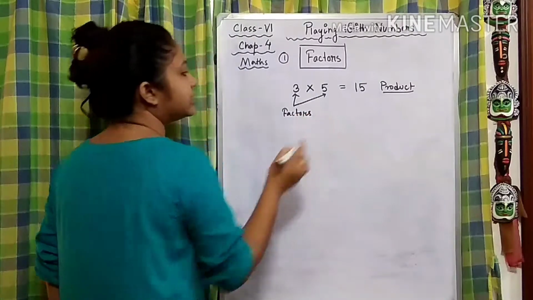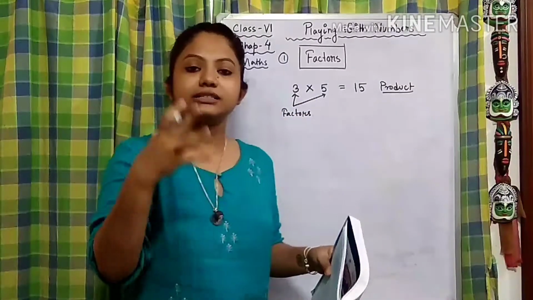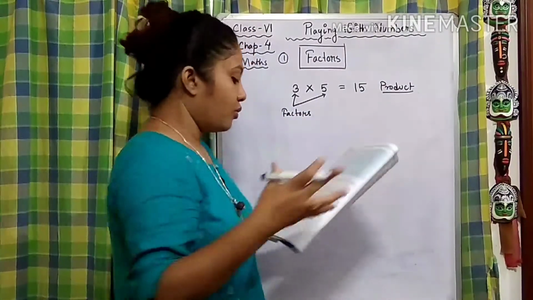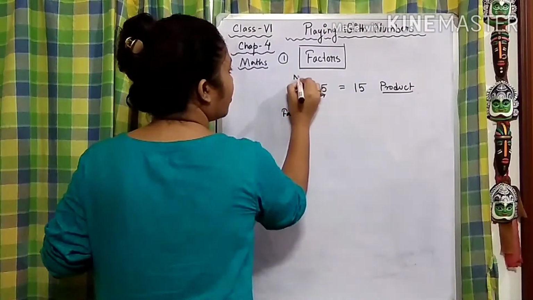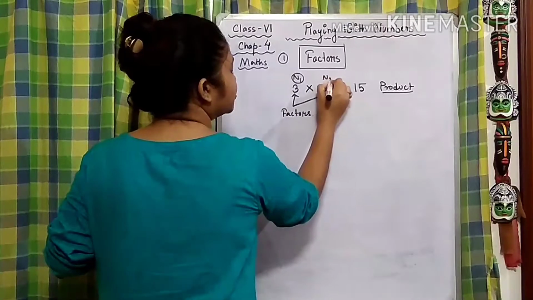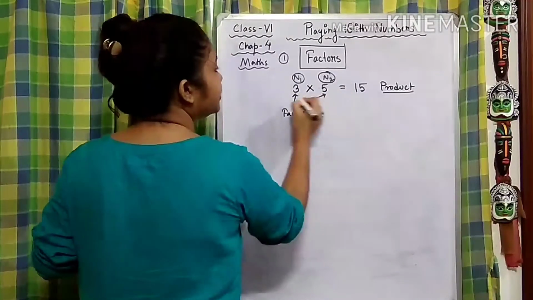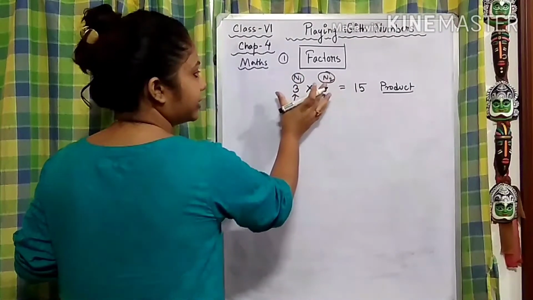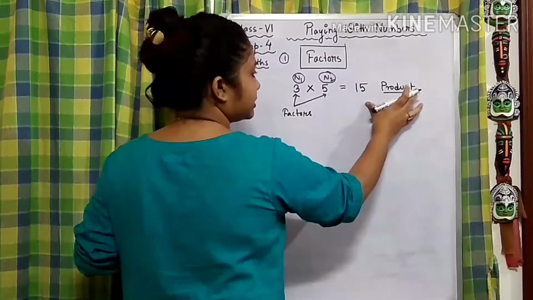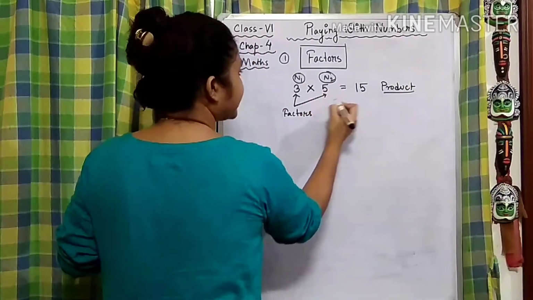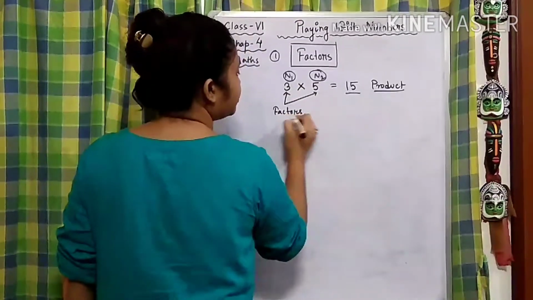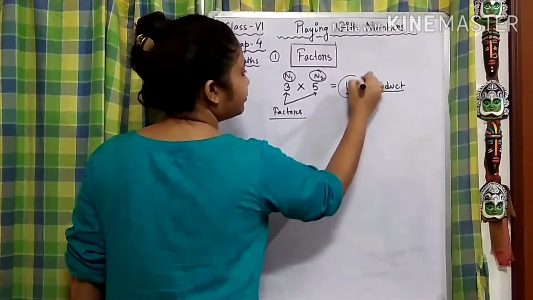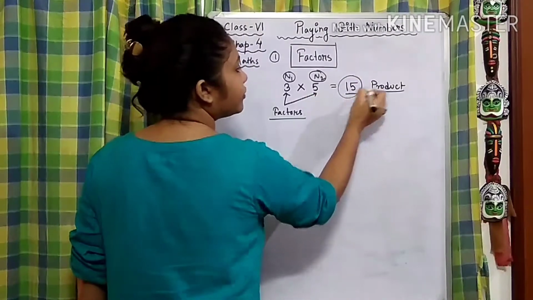Now you can understand the definition: each of the numbers which are multiplied together to give a product is called a factor of that product. So 3 is a factor of 15, and 5 is a factor of 15.